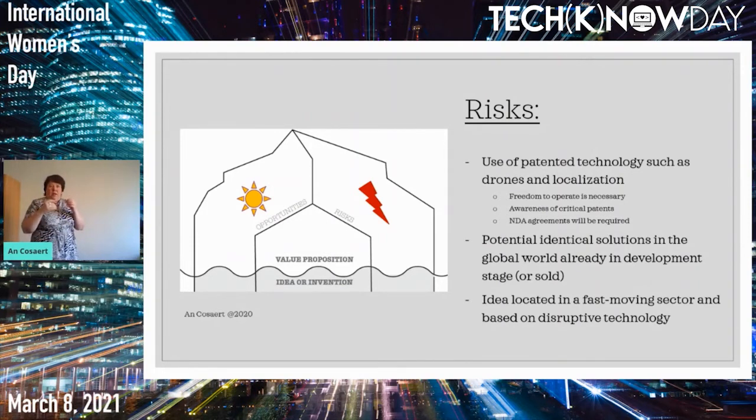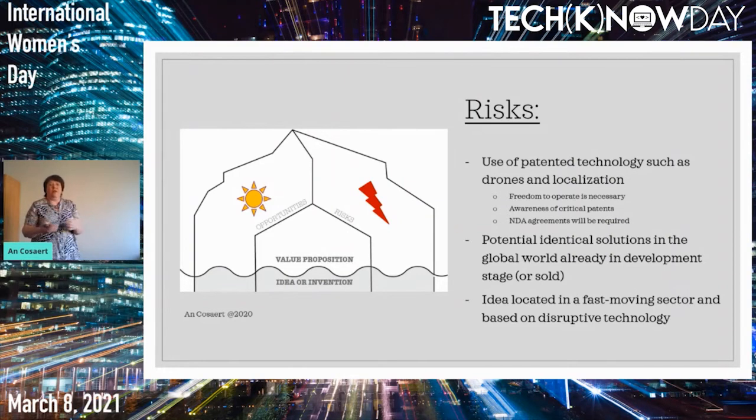But we use patented technology such as drones and localization, so we need to do the freedom to operate. We need to be aware of critical patents because drone technology is an upcoming technology. So a lot of companies will have patents on drones. If you want to create a new idea based on drone technology, it's a huge risk to start building something without having done a freedom to operate study.